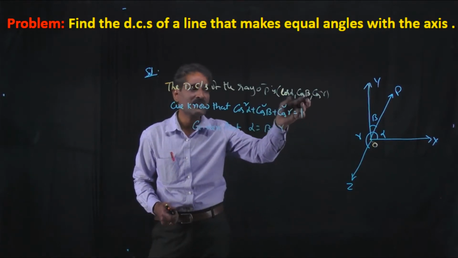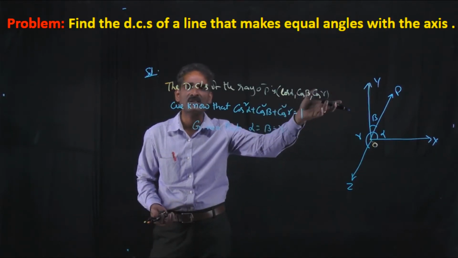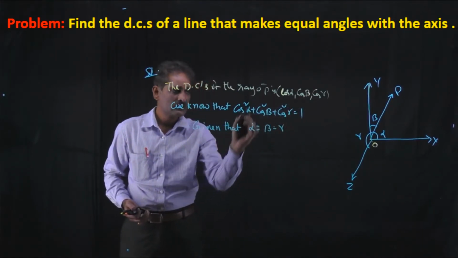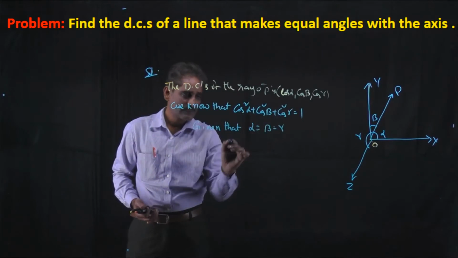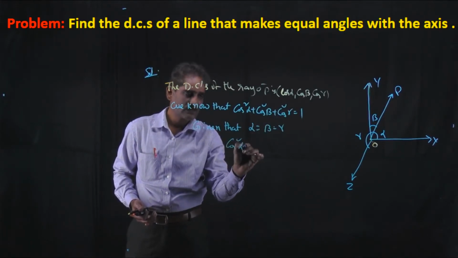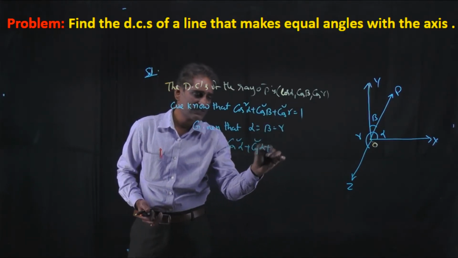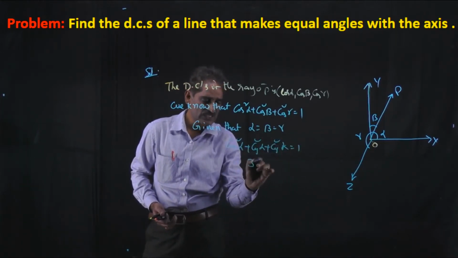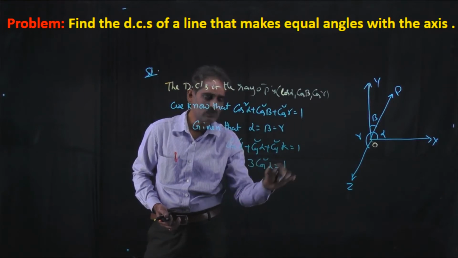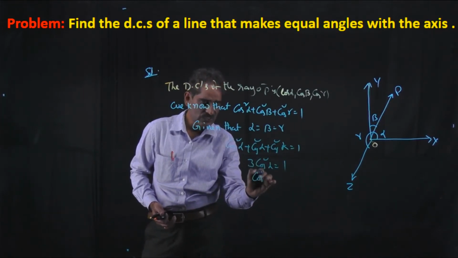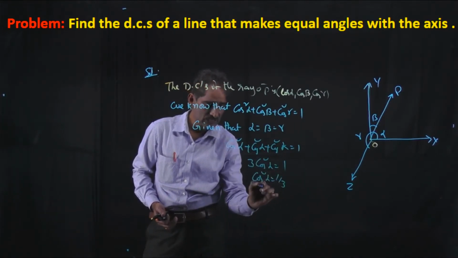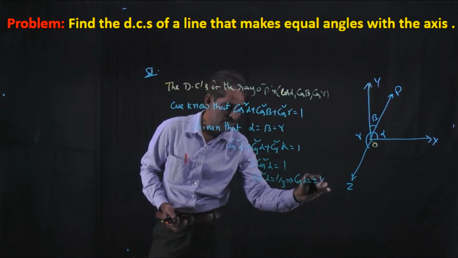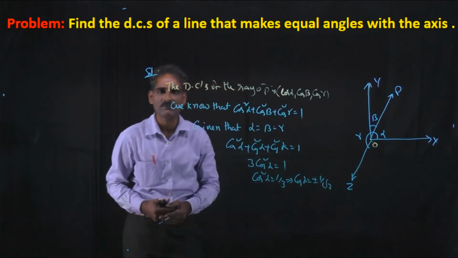Therefore the DCs become equal: cos alpha, cos alpha, cos alpha. Substituting this condition in the above result, cos square alpha plus cos square alpha plus cos square alpha is equal to 1. So 3 cos square alpha is equal to 1, cos square alpha is equal to 1 by 3. This implies cos alpha is equal to plus or minus 1 by root 3.